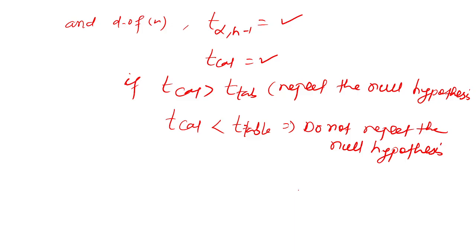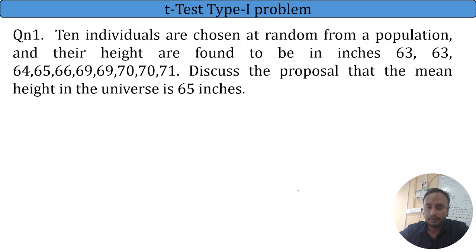Shall I go ahead? Yes, sir. Okay, so 10 individuals are chosen at random from a population and their heights are found to be like this: 63, 63, 64, 65, 66, 69, 70, 71, 71 inches. Then they are saying to discuss the proposal that the mean height in the universe is 65 inches.